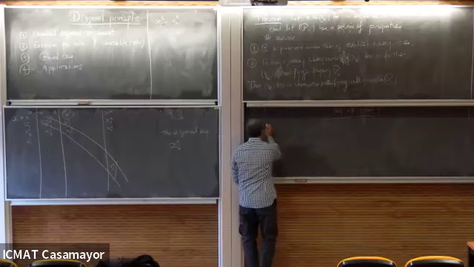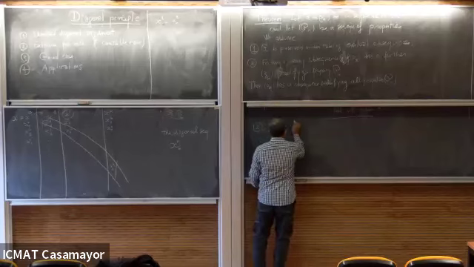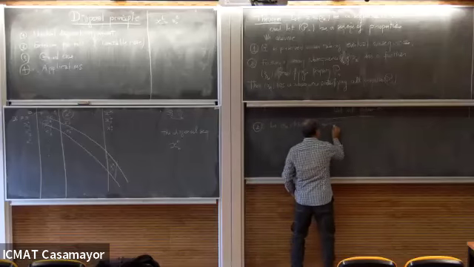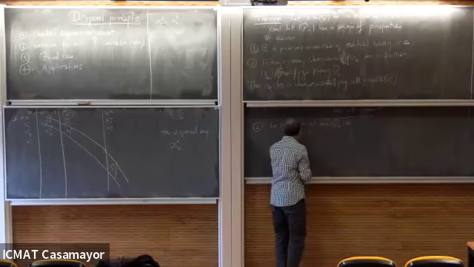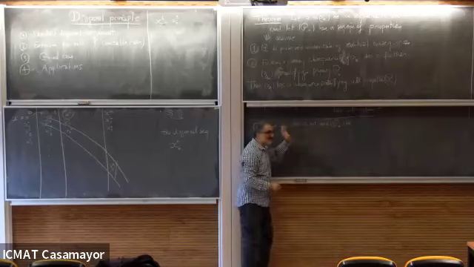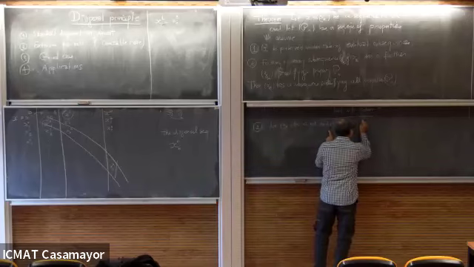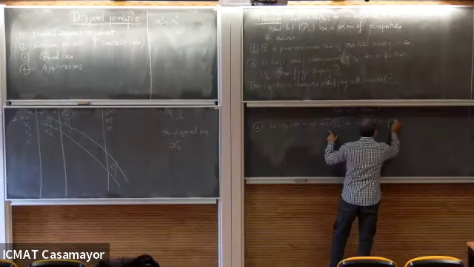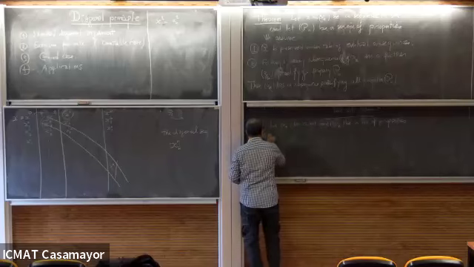Okay, so first I give the statement, so it's very similar. Let X alpha be a net, and Pn, here there is no problem. The index is different, so be a set of properties, and we assume two conditions.